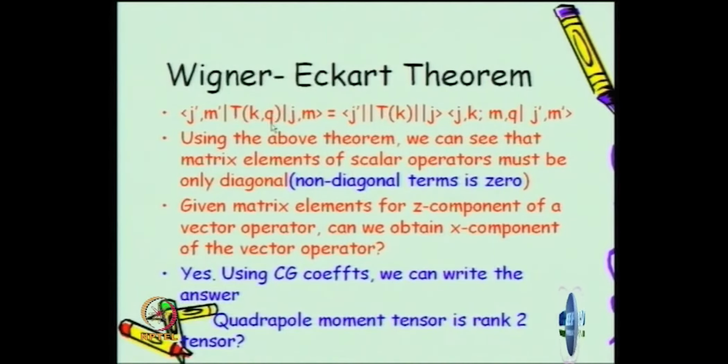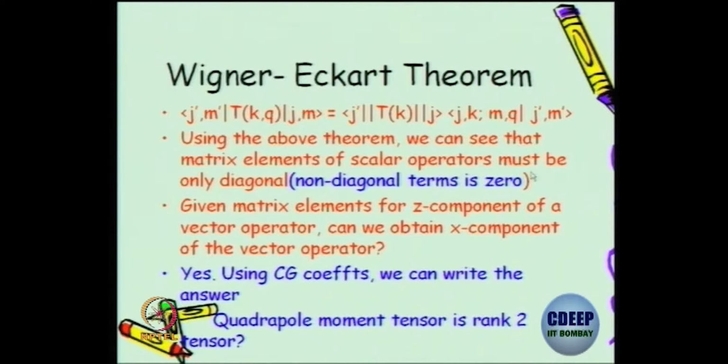If he gives you one of the components, let's take rank 2, q equal to 2, you can actually determine all the remaining 4 using this Wigner-Eckart theorem, because this constant gets fixed from that experimental data and this is independent of the components of the tensor or the magnetic quantum numbers of the state. All those informations are only in the CG coefficient.